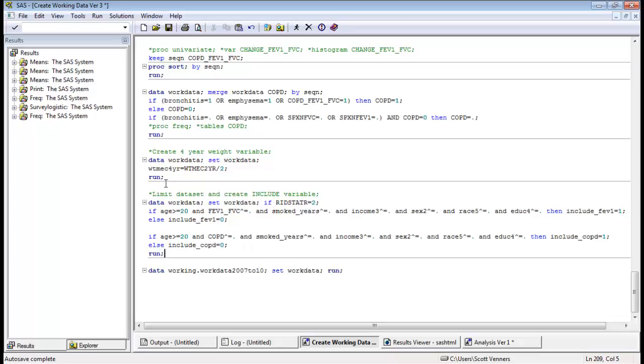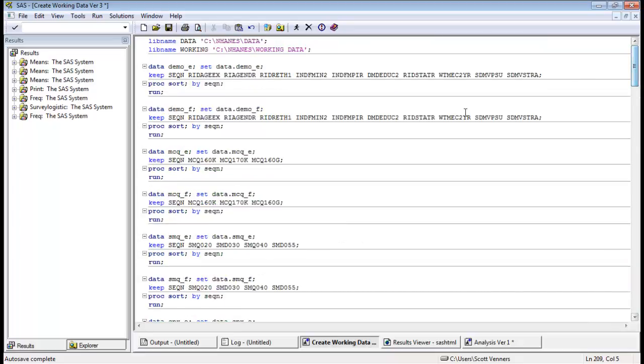And then we wanted to calculate a 4-year weight variable by dividing the 2-year weight variable by 2. And we wanted to make sure that we had these two variables in our data set to allow for the proper estimation of the precision of our parameter estimates. So that should do it for this step. So hopefully you'll be able to do this for your data set as well.